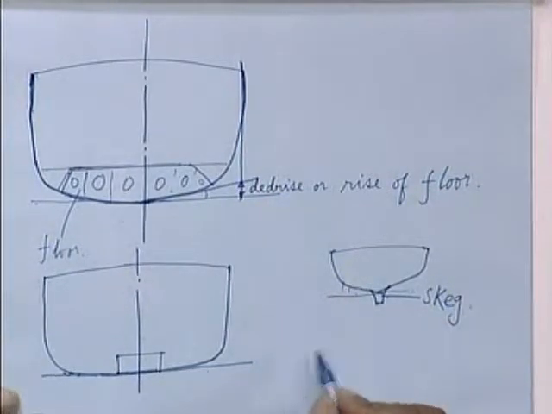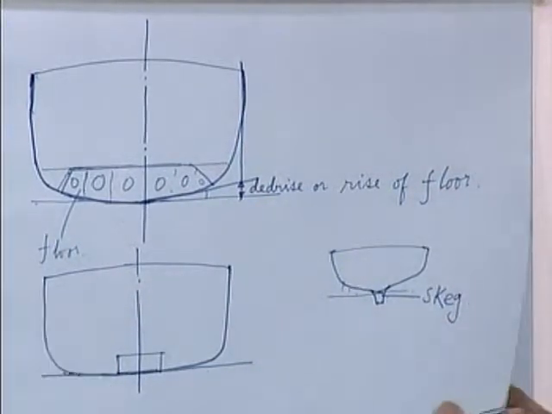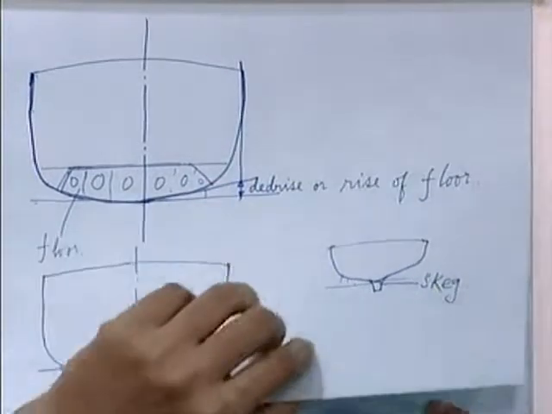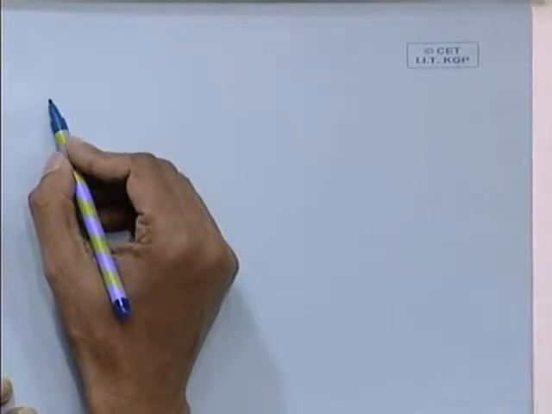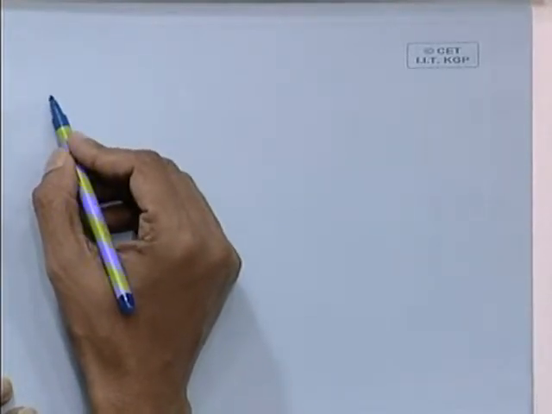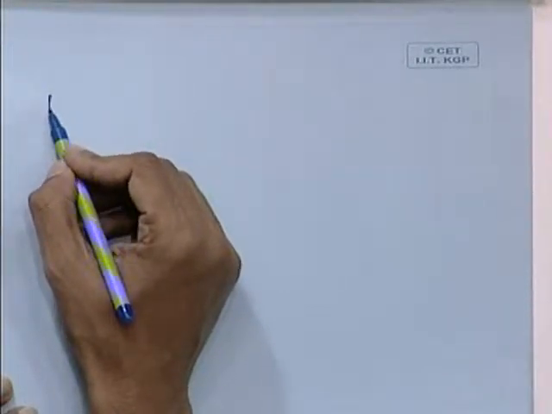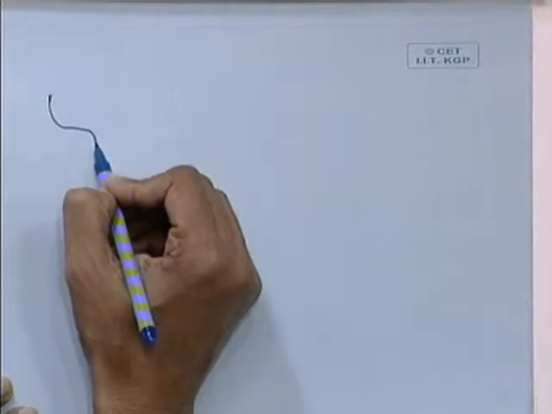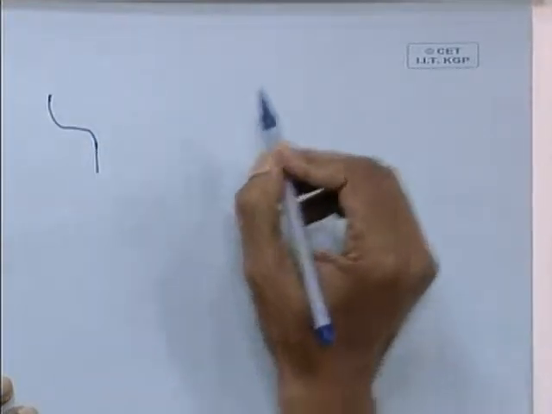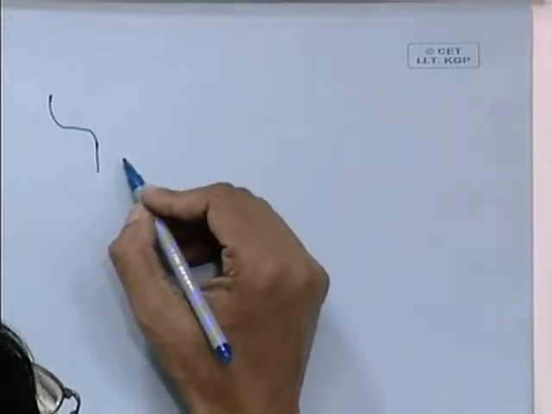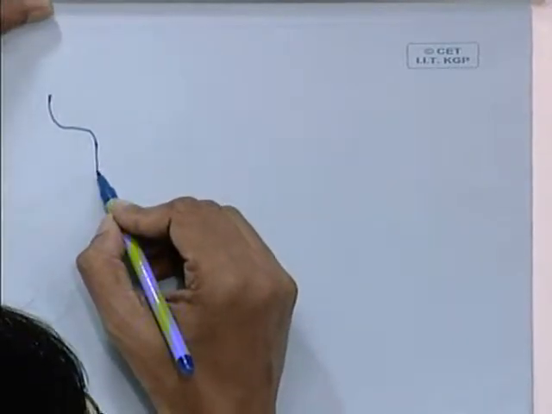Now, similarly in tugs and trawlers, normally in the lines that I have previously drawn, you would have found the keel, the bottommost part of the ship, resting on the same baseline, that is without having an inclination. But the keel also can have inclination.